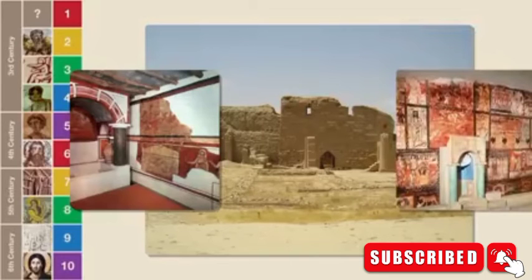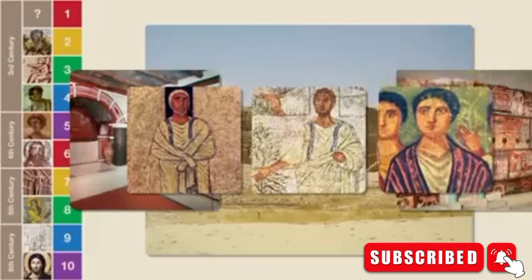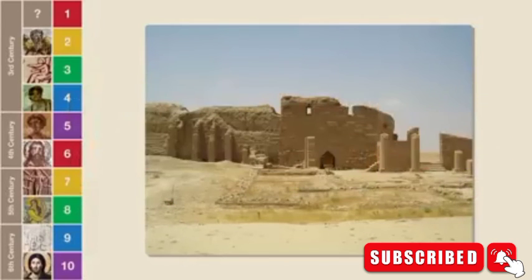So not only does Dura Europos give us the earliest known depiction of Jesus, it also gives us the earliest known depictions of many other Bible characters too, such as Abraham, Moses, and David. But in this video, we are focusing on Jesus. So without further ado, let me reveal to you the oldest known image we have of Jesus.